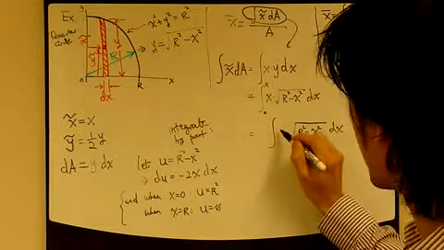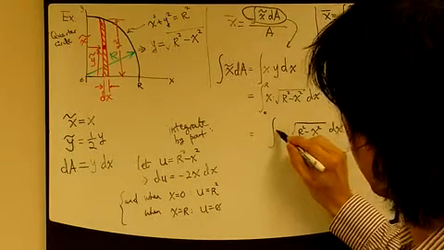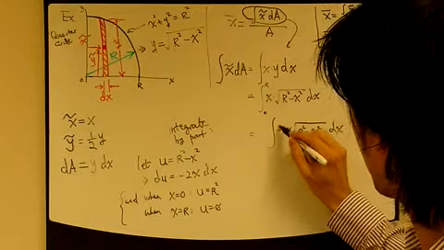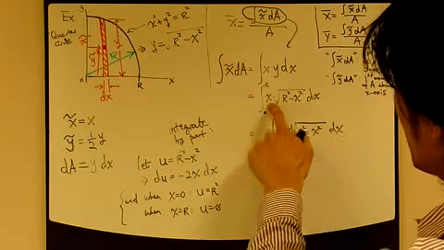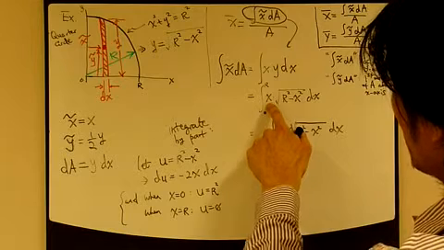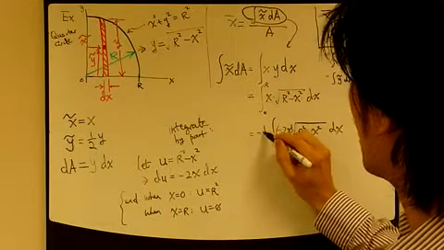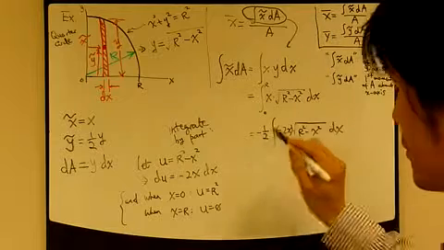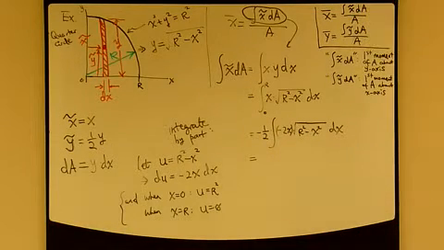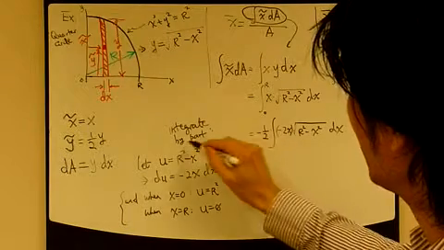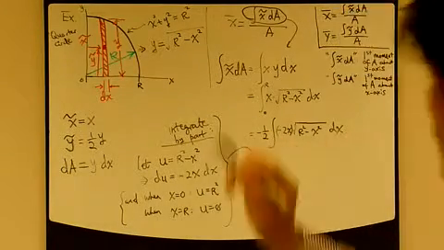I would like to have negative 2x out here. So what I do here is multiply by negative 2, and then I need to divide by negative 2. So now integrate by part, so the whole thing here, bring it in here, replace it in.